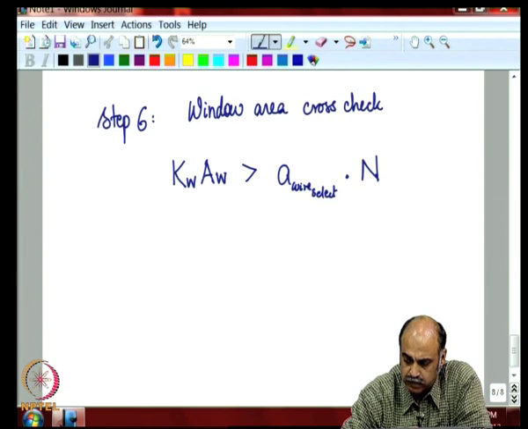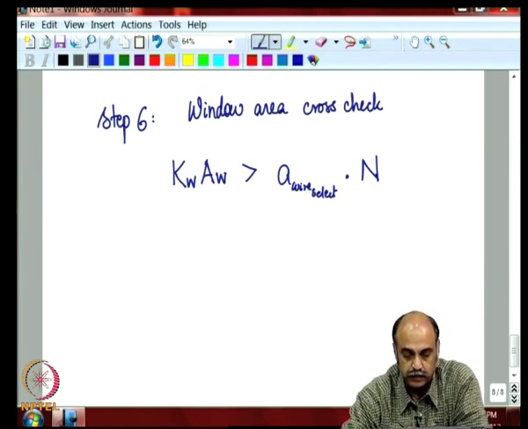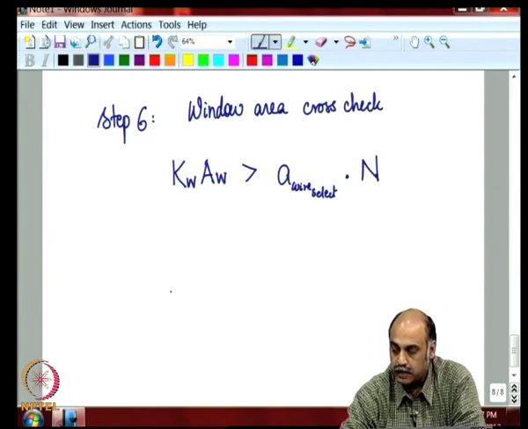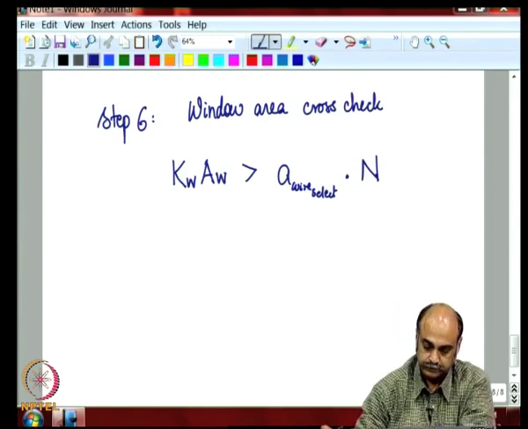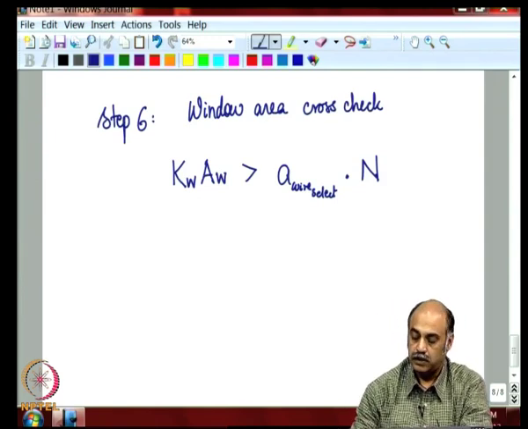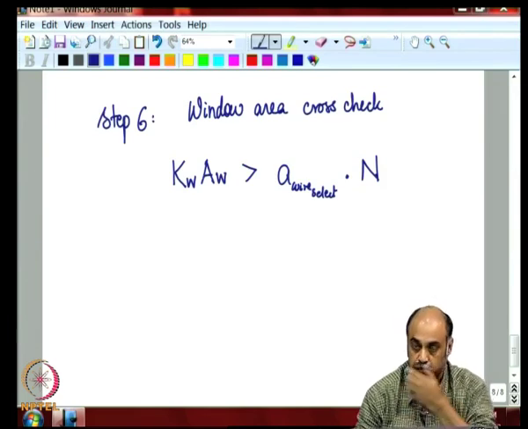So, if this inequality is satisfied, then you go to the step of actually winding them, and then you have your inductor, which can be inserted into the DC-DC converter circuit.